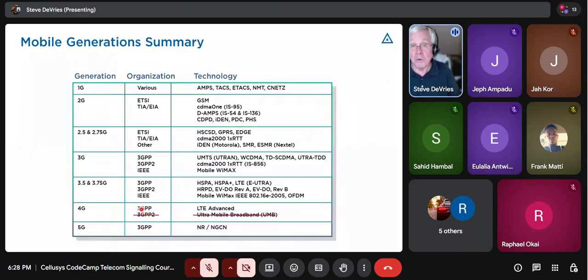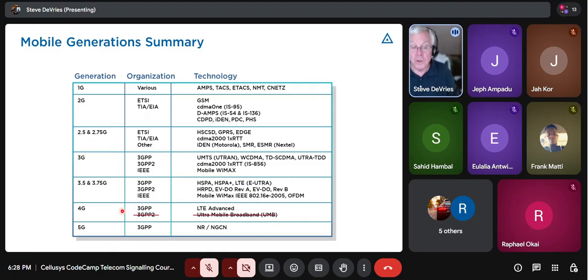4G, there was two players in the world. The third generation partnership project, third generation partnership project 2. And in 2008, 2009, Ericsson pulled out of any support for UMB, this ultra mobile broadband. They abandoned that. So this went nowhere. No company in the world went UMB for 4G.